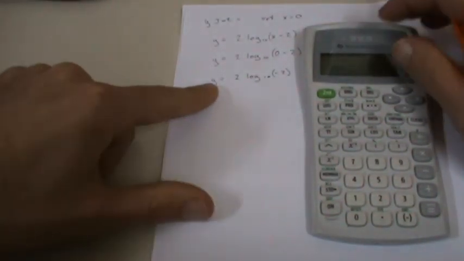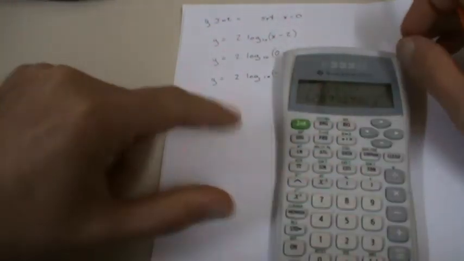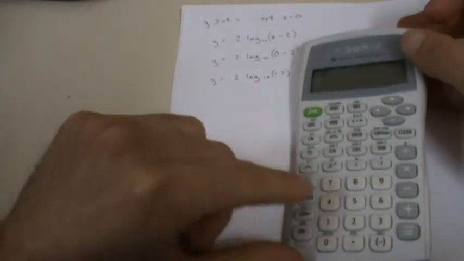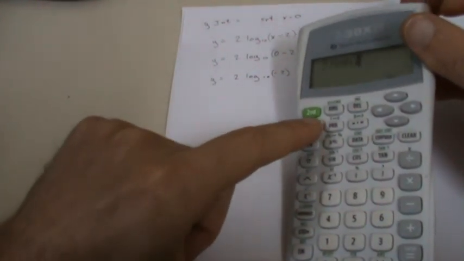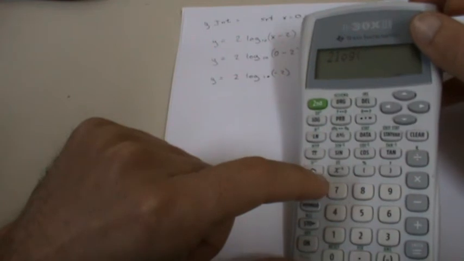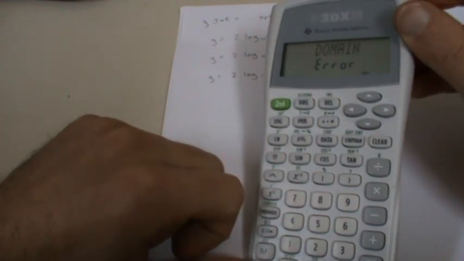Now, if I basically want to just solve this, notice y is already isolated. So I'll place it into the calculator and I'll say 2 times log of negative 2. And we're going to get a domain error in the calculator.